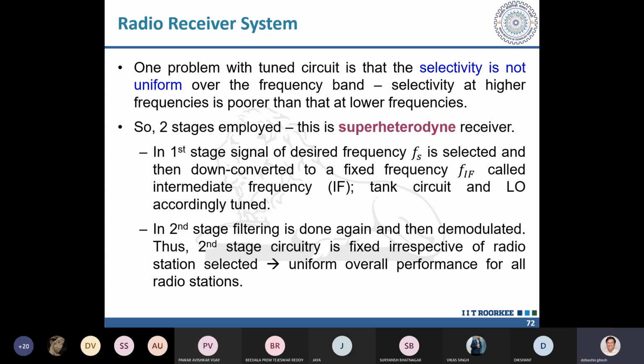Message signal, as we have seen, will be the baseband, the low frequency signal. The modulated signal, whatever the channel is transmitting, is a very high frequency signal. So what we do, we first bring down the frequency from FS to some intermediate frequency, FIF, and this FIF is fixed. In a receiver, this FIF is fixed.